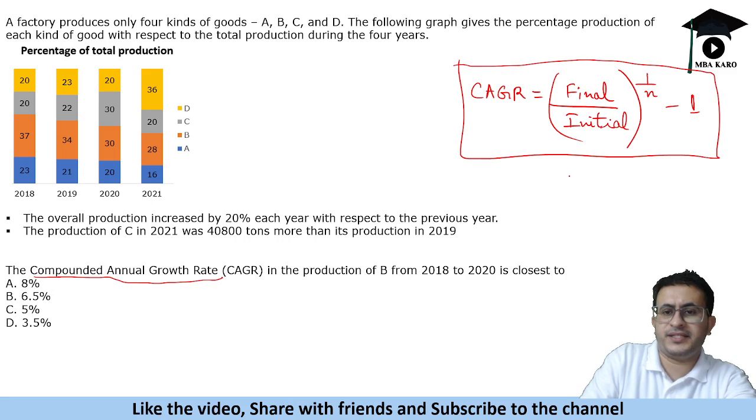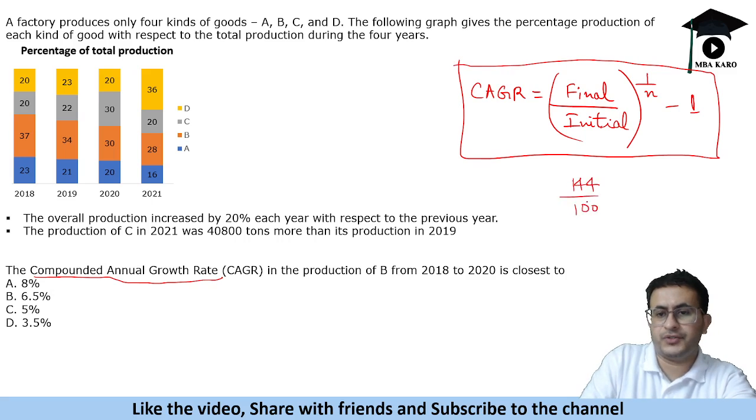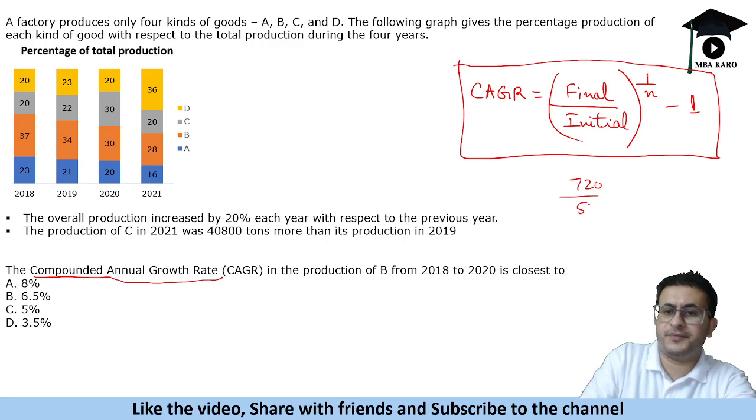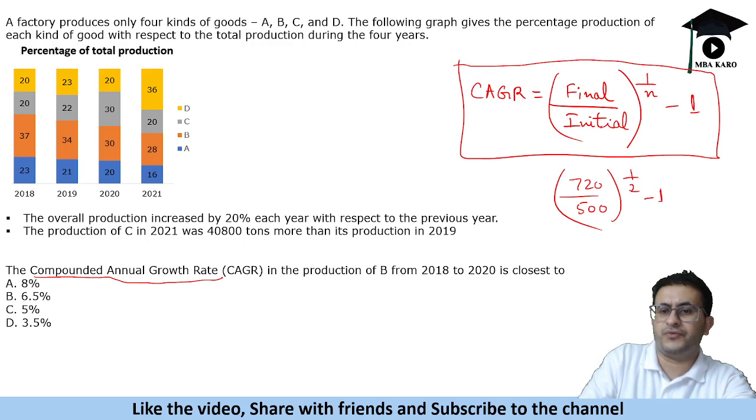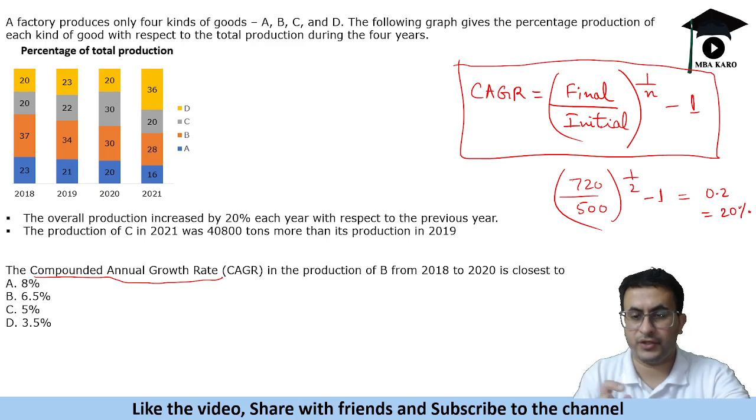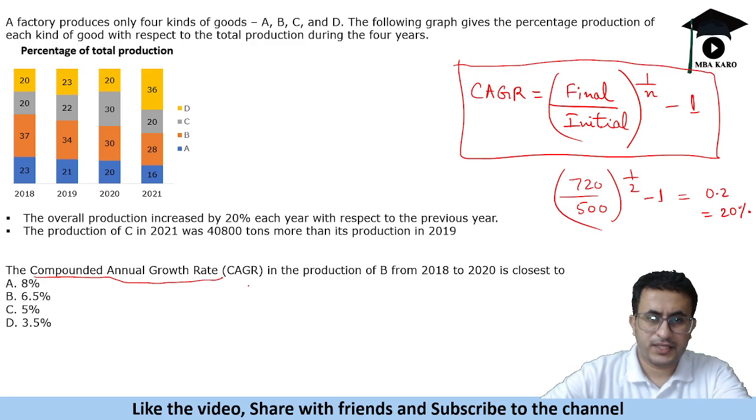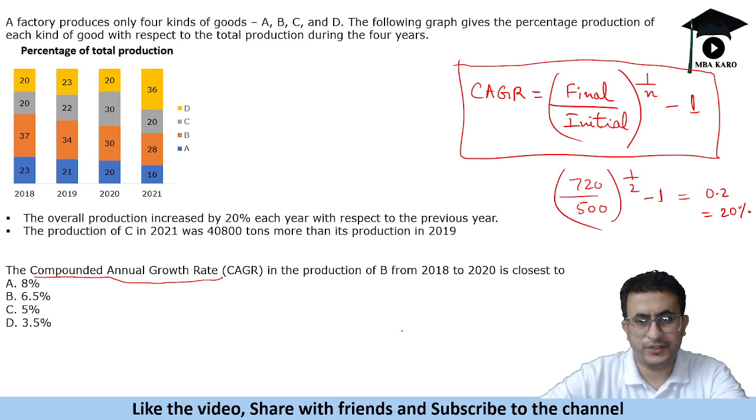So for example, let's say a value of 500 becomes 720 in 2 years. Okay, so that is 1.44, its square root is 1.2, so 0.2 or 20%. So that means year on year growth. Compound interest is calculated like this, the same thing you need to find out the rate of interest in case of compound interest.